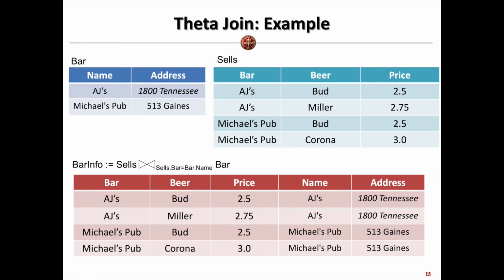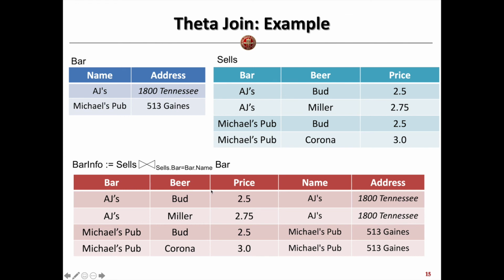And based on the product between these two relations, we further apply the selection based on the condition that sales.bar equals bar.name. In other words, among them, we further do the selection to select some rows, and we can represent the result at the bottom. The schema will be the combination of all the attributes for bar and sales, right?